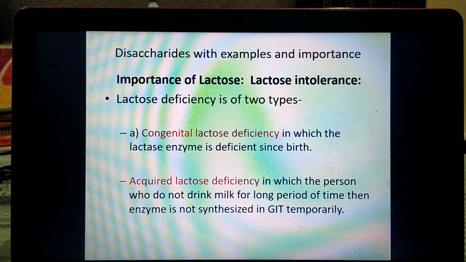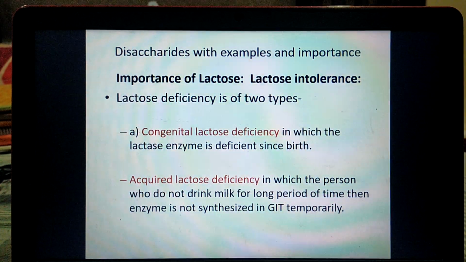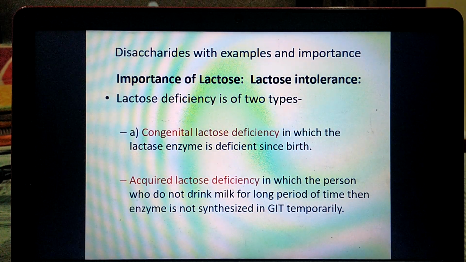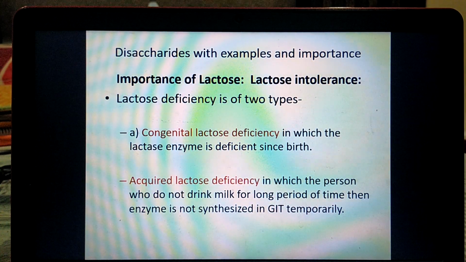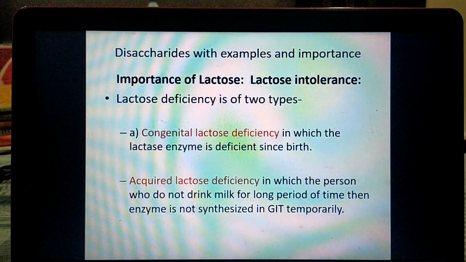As soon as he drinks the milk, the synthesis of lactase in his body starts and he is able to digest the milk after some time or after a few days. So this is about lactose intolerance.